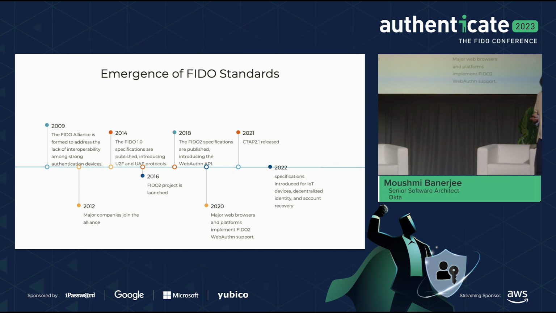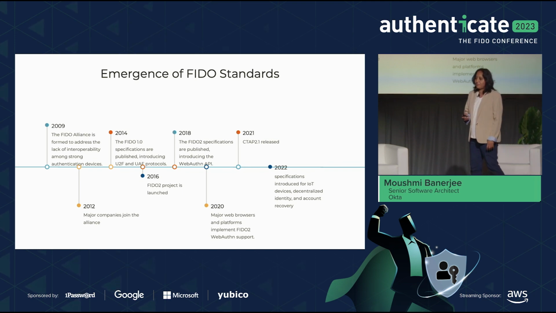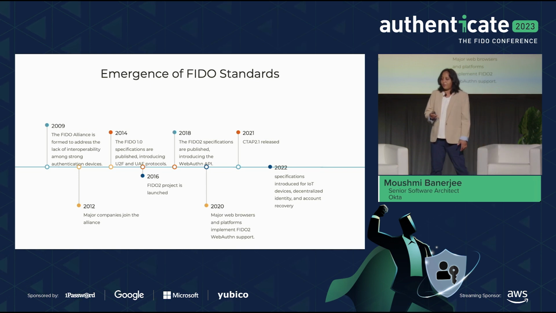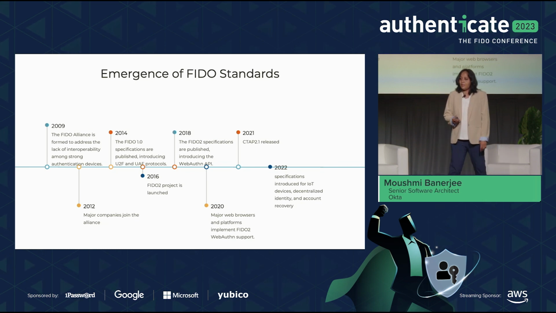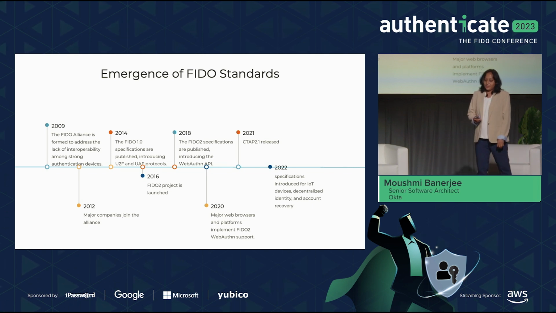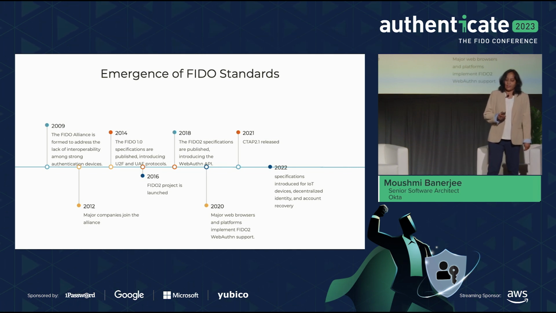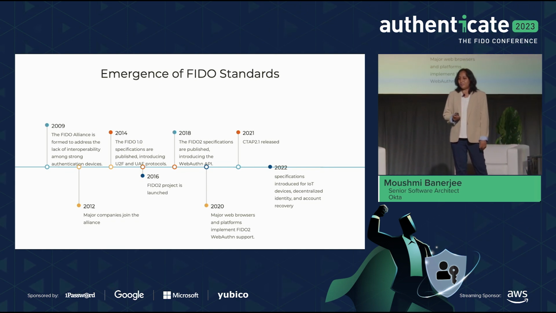Based on FIDO standards, passkeys are a replacement for passwords, and they provide easier and more secure logins to websites and apps across users' devices. Unlike passwords, passkeys are always strong and phishing resistant. And as we heard in the keynote, there are about 70 billion users already using passkeys.